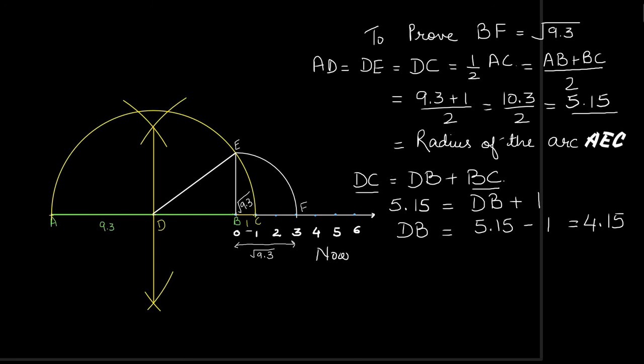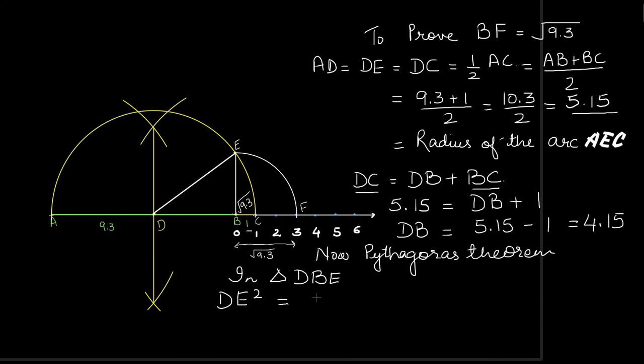Now by Pythagoras theorem, in triangle DBE, DE, which is the hypotenuse of the triangle, DE square is equal to DB square plus BE square.